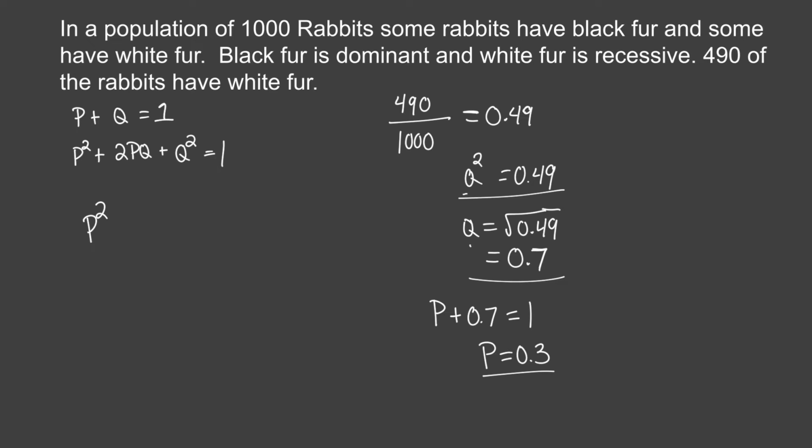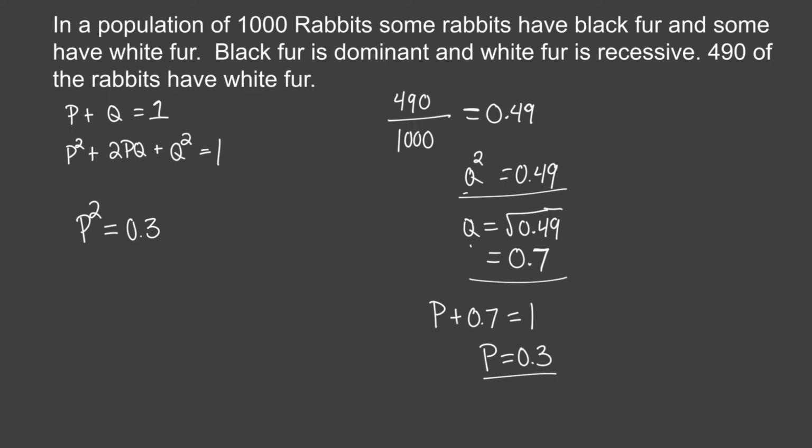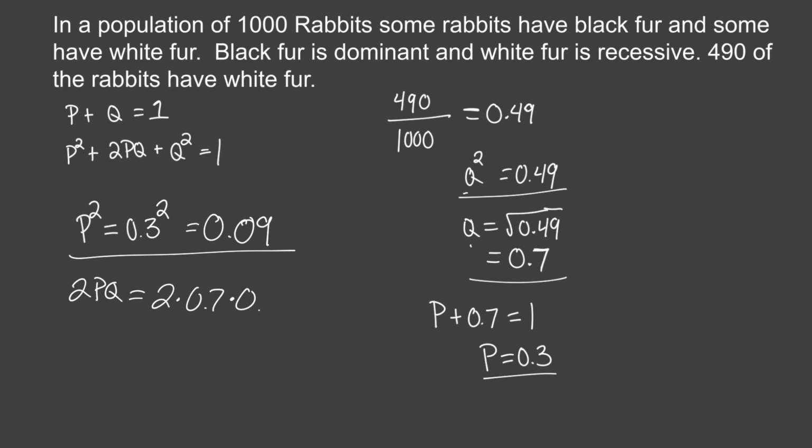So P squared equals 0.3 squared. And if you plug that into a calculator, you get 0.09 for our value of P squared. 2PQ equals 2 times 0.7 times 0.3.